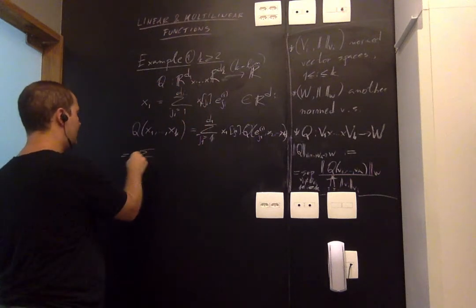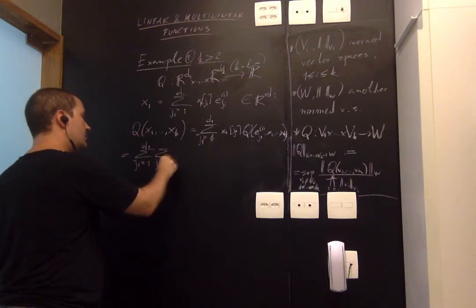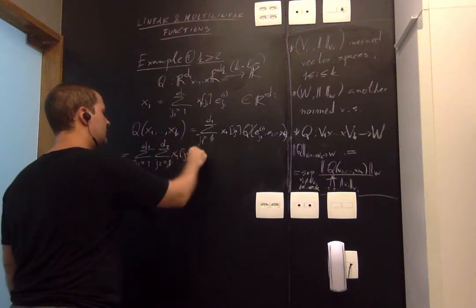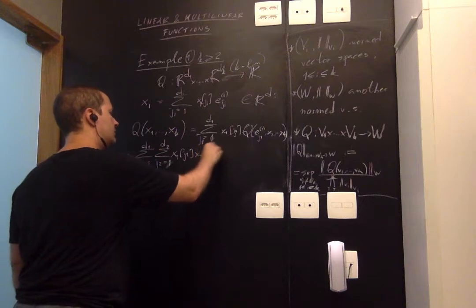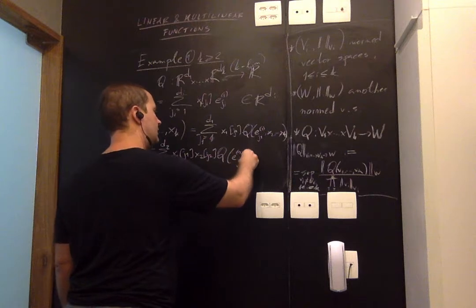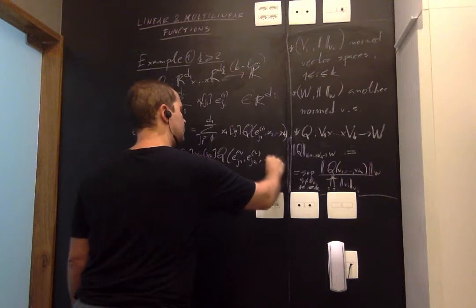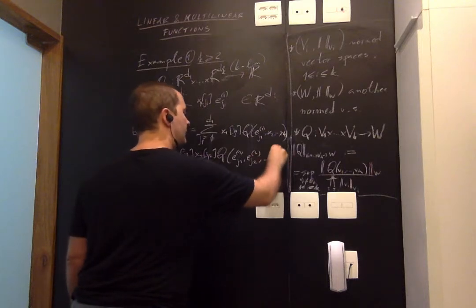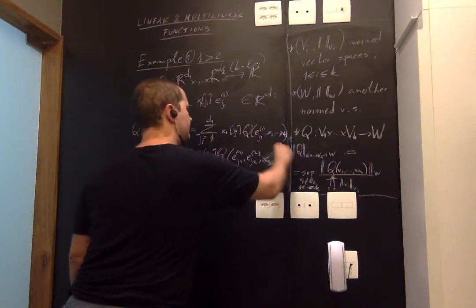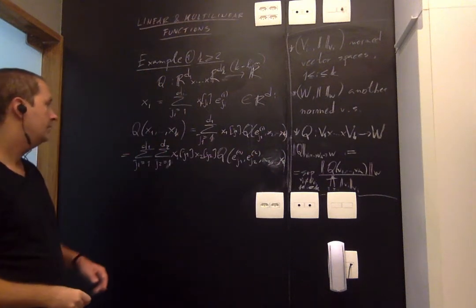I get a sum over j_1 from 1 to d_1, a sum over j_2 from 1 to d_2, x_{1,j_1} x_{2,j_2} Q of e_{j_1}^1, e_{j_2}^2.